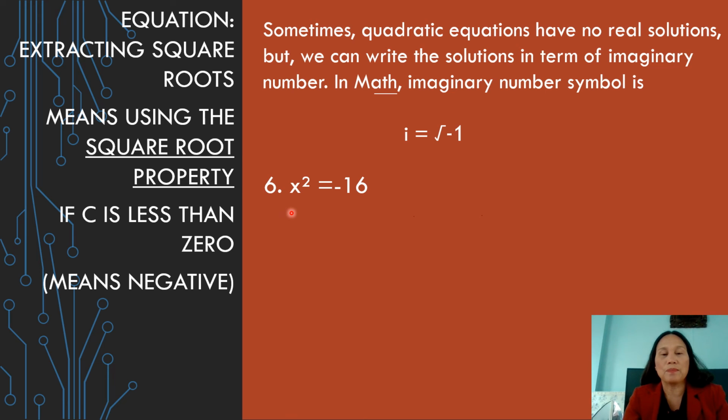Look at this. x squared is equal to negative 16. You notice here, the value of c is less than 0, which means negative. If we extract the square root of both sides, we cannot get an answer, because we don't have answers for the square root of negative numbers.